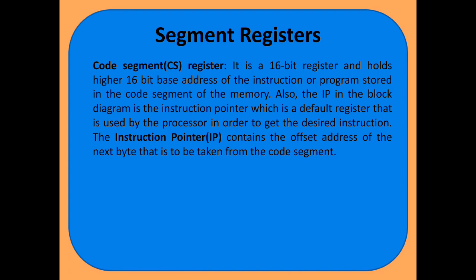The physical address size is 20 bits, but we don't have a 20-bit register. For that reason, only the higher 16 bits of the address are stored in the register, so we can select only higher 16-bit addresses.